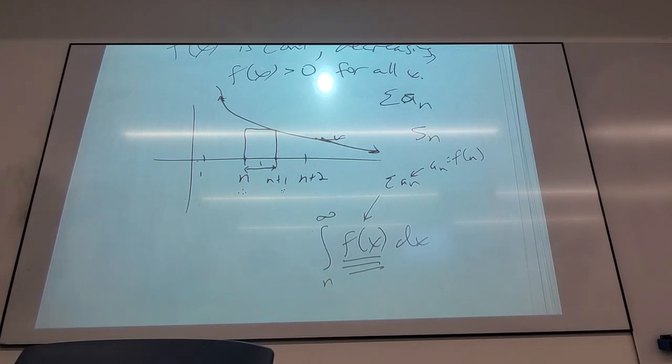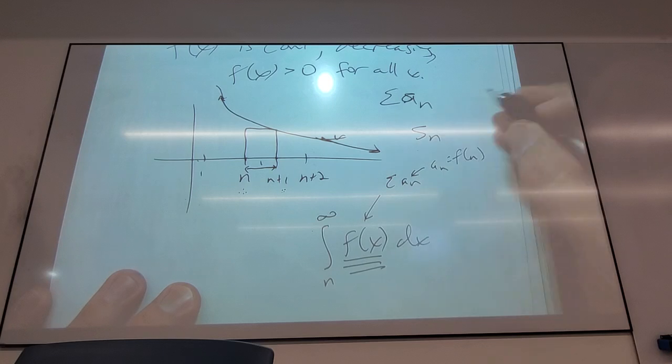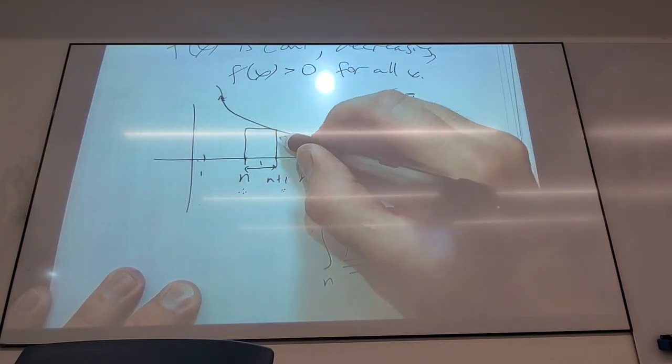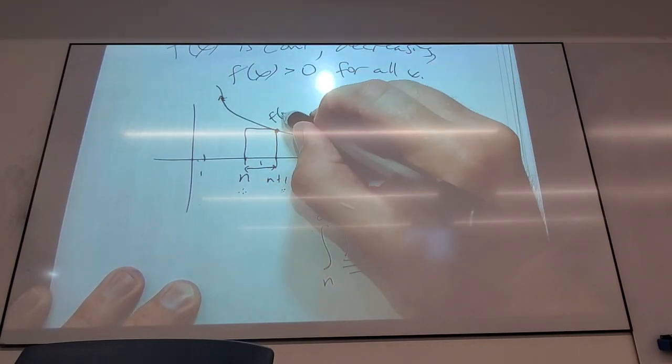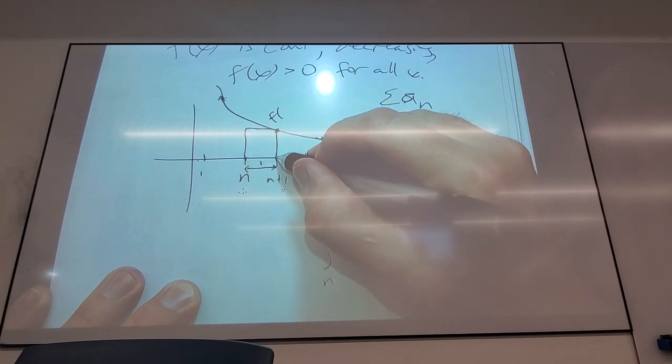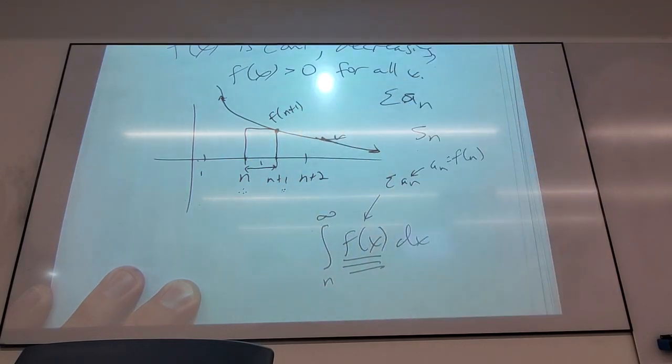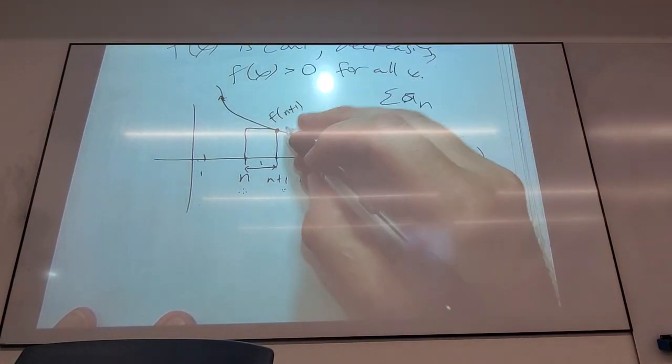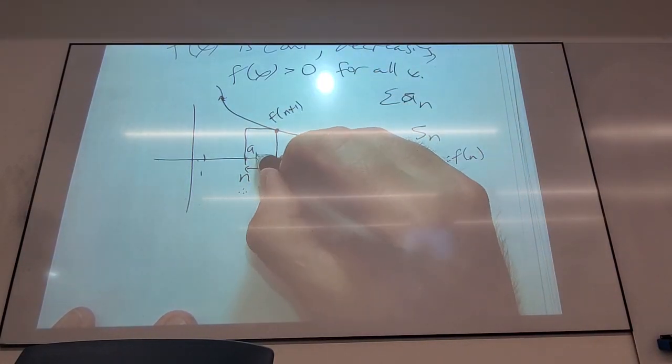So that is 1 wide, correct? If I'm at n, I'm going to go to n plus 1, I've gone a step of 1, correct? How tall is it? f of n. Yeah, but be careful, see how I did this side? f of n plus 1, yes? Okay. So isn't this a(n+1)?